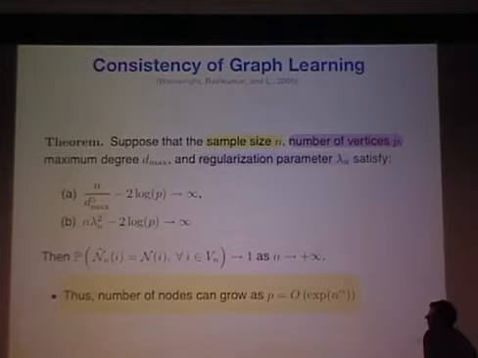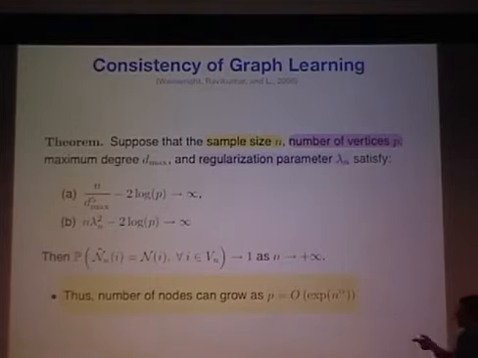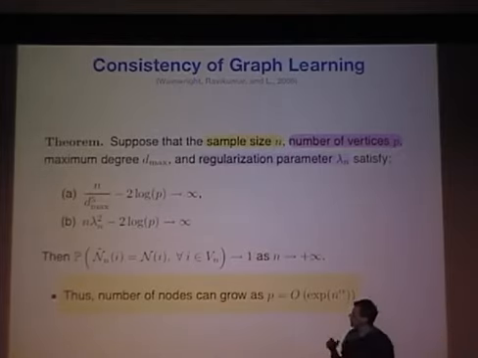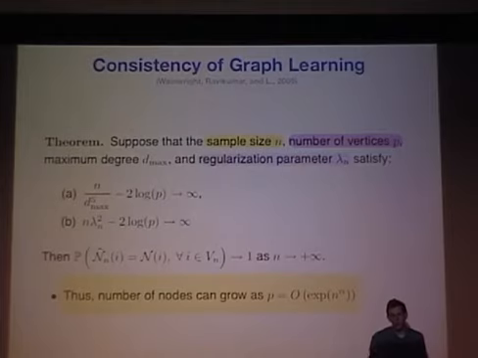So our theorem says that under certain conditions, if the sample size n minus 2 log p goes to infinity, and n times the square of the regularization parameter minus 2 log p goes to infinity, then asymptotically we recover the graph with probability 1. This says that the regularization parameter has to go to 0 a little slower than 1 over root n, or log p over root n.